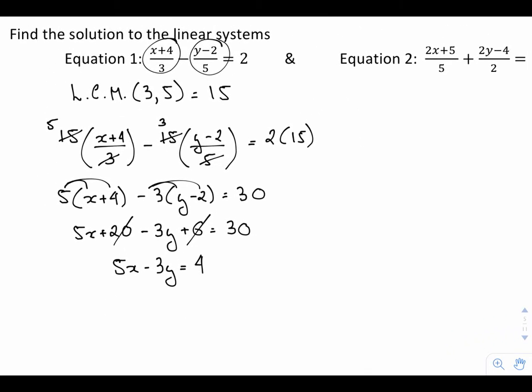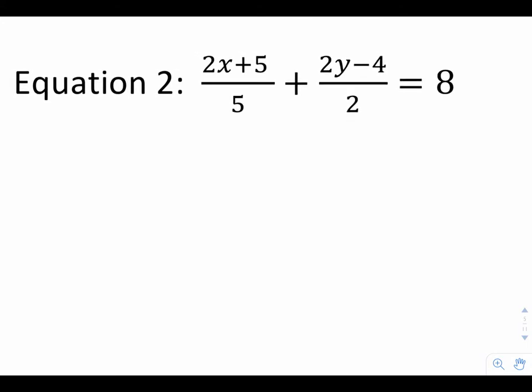Now let's turn our attention to equation number 2. Again, those dreaded denominators we want to get rid of. So I need to find the lowest common multiple of 5 and 2, which in this case is 10.